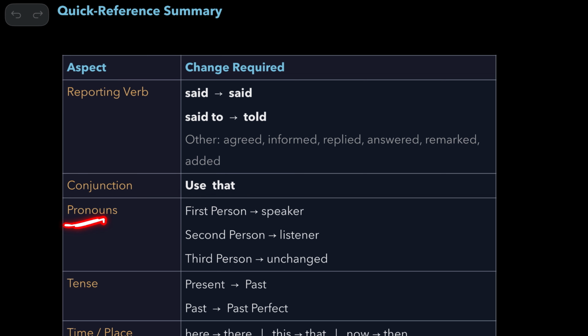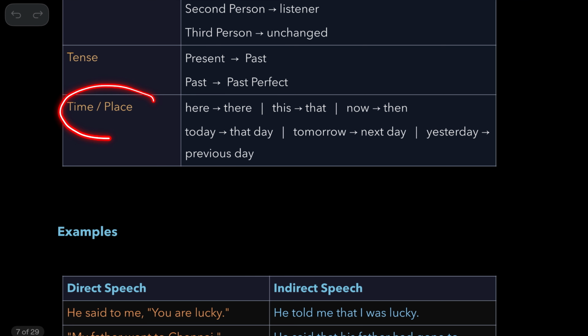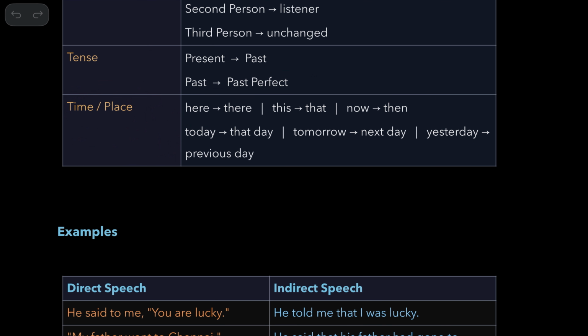Then pronouns need to be changed. Then you need to change tenses also from present to past. And if the sentence is already in the past simple, change it to past perfect. Now, time and place words we have already seen, they also need to be changed like this: here, there, this, that, now, then, today, that day, tomorrow, next day, yesterday, previous day.